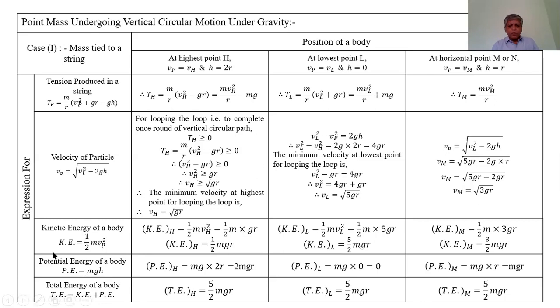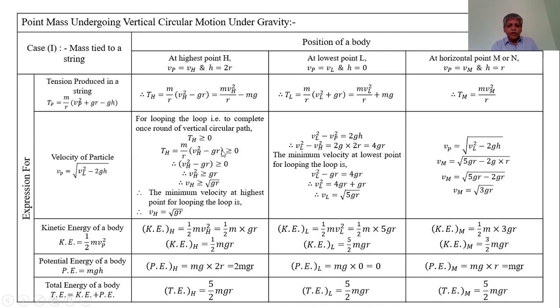Here, at the highest position, kinetic energy is equal to half m Vh square, and substituting the value of Vh here, we get half m into gr. So kinetic energy is equal to half mgr at the highest position. At the highest position, potential energy is equal to mgh. Here h is equal to twice r.